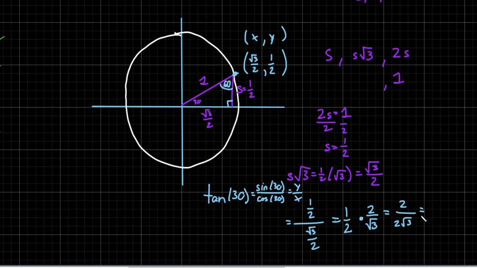We're going to simplify this. What can we get rid of already? I'll get rid of the 2s. Yep, I have 1 over square root of 3. Now, we don't like radicals in the denominator. So what should I multiply this fraction by to get rid of it? Just the square root of 3? Yep. What would that equal?